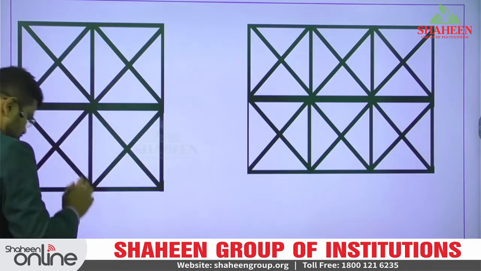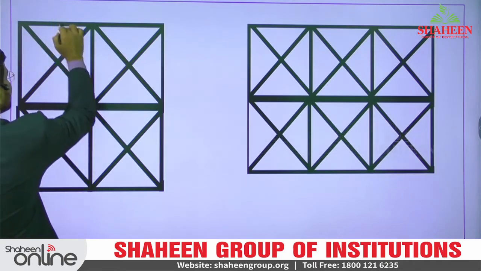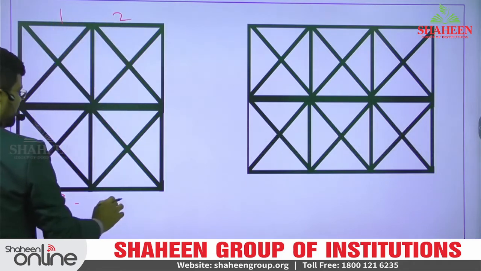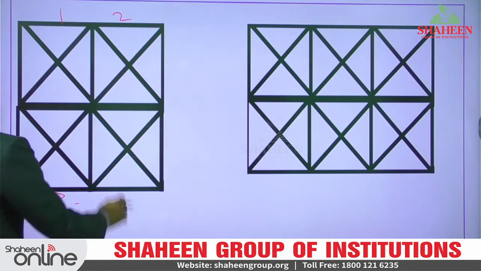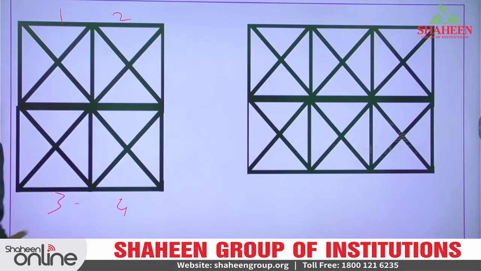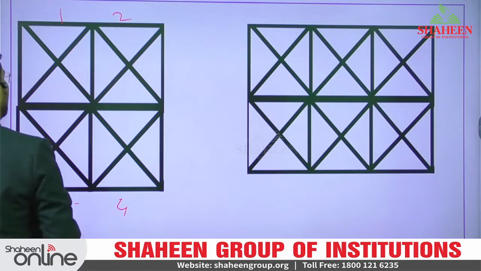So in this, if you see here, this is 1, 2, and this is 3 and 4. 1, 2, 3, 4, and the overall one, 5.